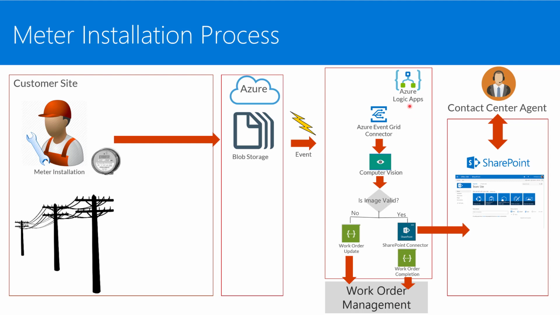And now, of course, this is going to be running in Azure Logic Apps and not in Flow. We're going to continue to use the Azure Event Grid connector, where we're capturing events coming from blob storage. And we're also going to continue to use the SharePoint connector in order to record our images and their metadata inside of SharePoint Online.